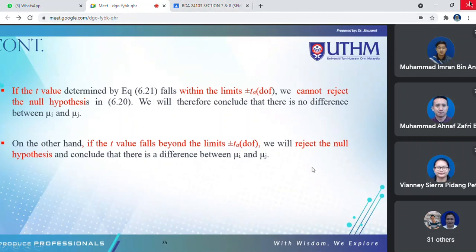This is the normal practice in analysis using the ANOVA.